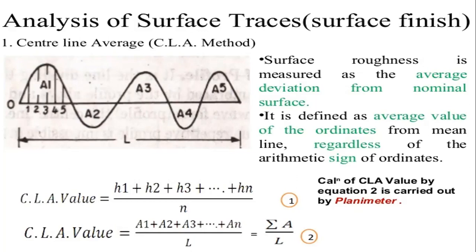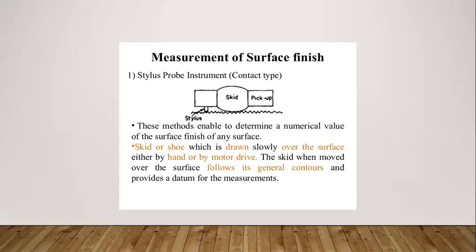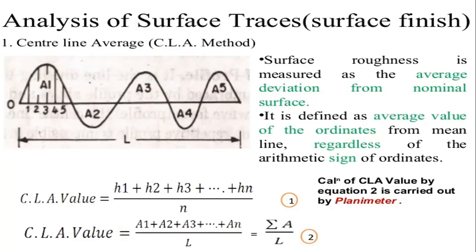In this method, the surface roughness is measured as the average deviation from the nominal surface. In that, we have to draw a diagram.